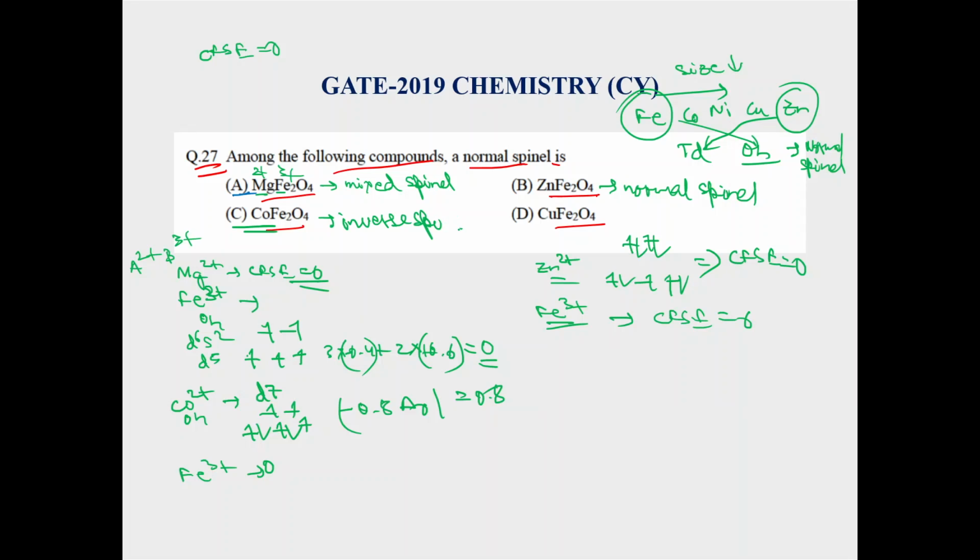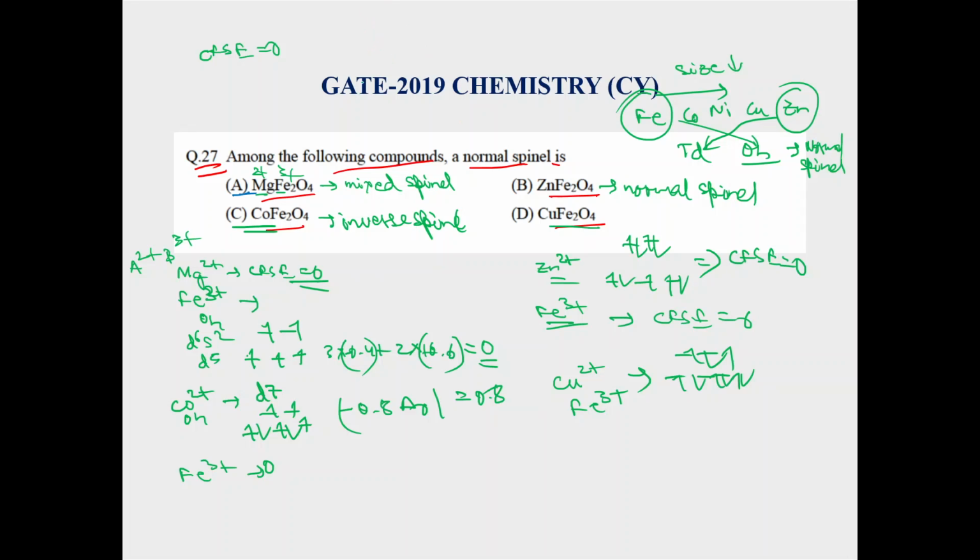And now the last option, that is option number D, it is CuFe2O4. Now copper is in plus 2 oxidation state and Fe in plus 3 oxidation state. So copper in plus 2 oxidation state is how many d electron system? No, it is in plus 2 oxidation state.